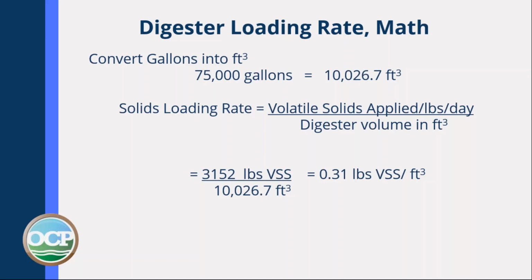Now you can plug the volatile solids applied, pounds per day, and the digester volume in cubic feet into the solids loading rate problem. 3,152 pounds divided by 10,026.7 cubic feet gives you 0.31 pounds of volatile suspended solids per cubic foot.